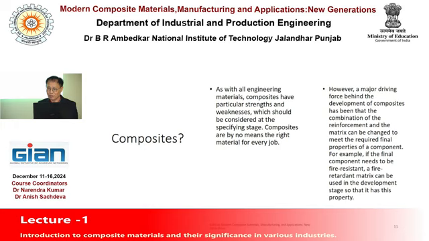For example, if a final composite needs to be fire resistant, it's very difficult to find that in natural material, but you can synthesize fire resistance and some level of stiffness by yourself through composite materials. Okay? A fire resistant matrix.